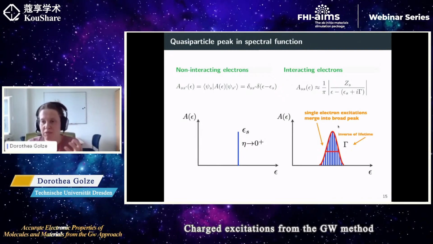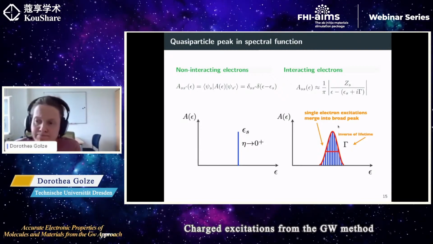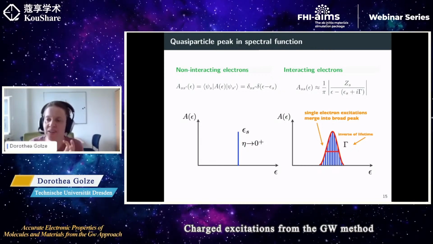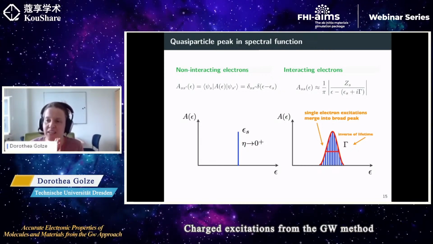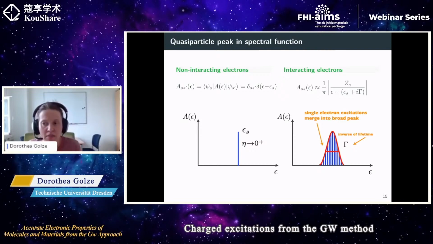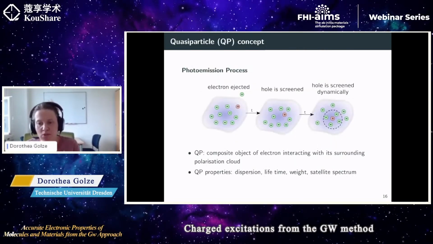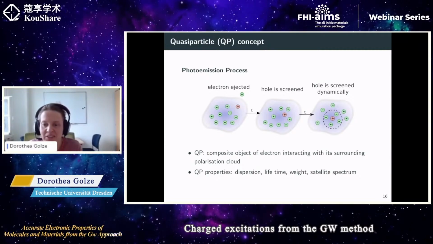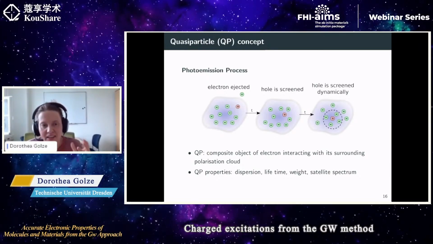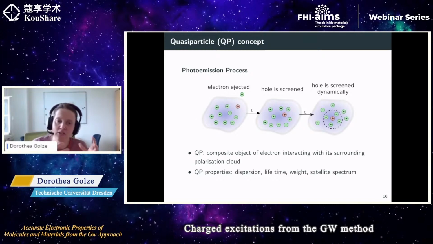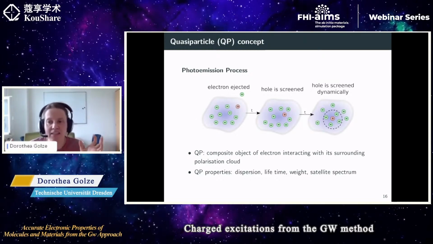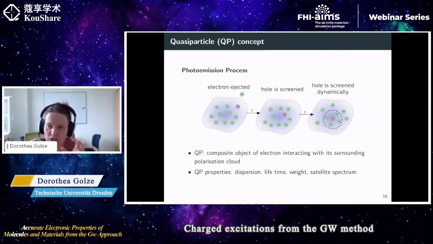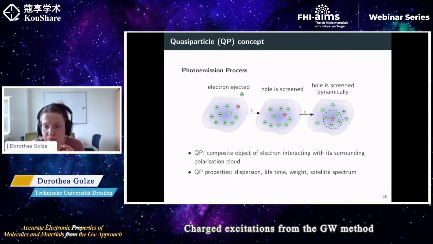So I was coming with the definition of the quasiparticle peak through an explanation that maybe makes sense to people that are very familiar with full CI. I'm also trying to do a more intuitive explanation, shown here on this picture. Imagine you have an electron ejected during the process, then the other electrons come and rush to screen the bare hole.